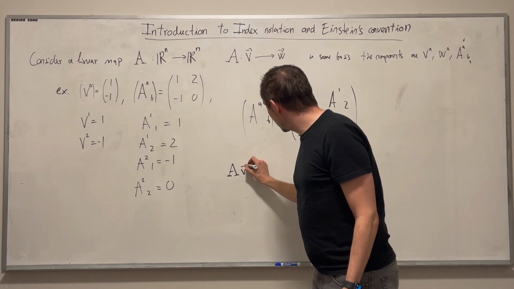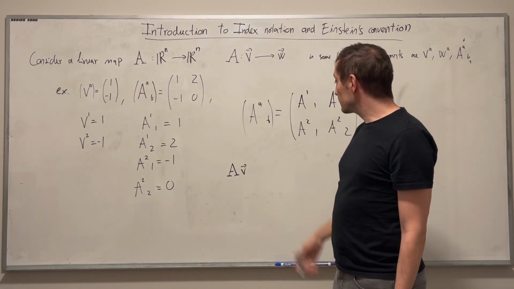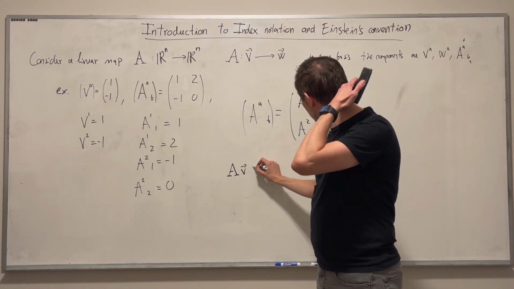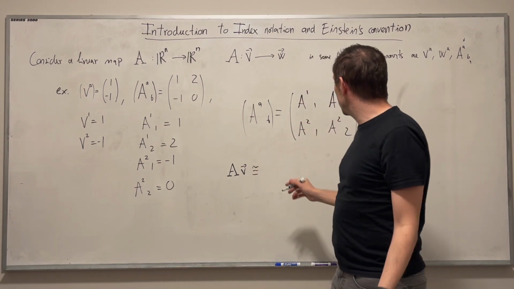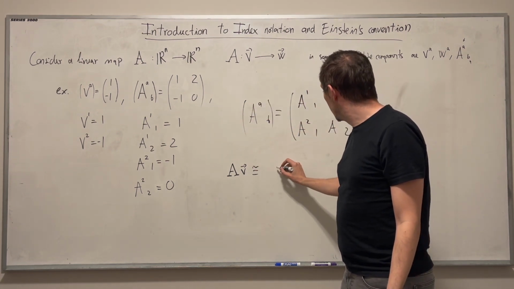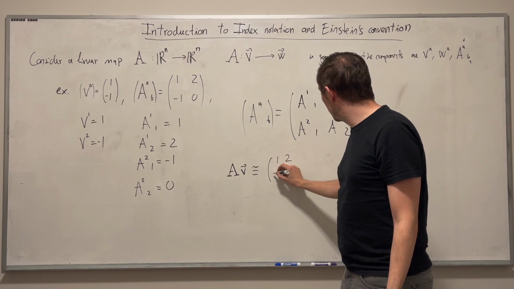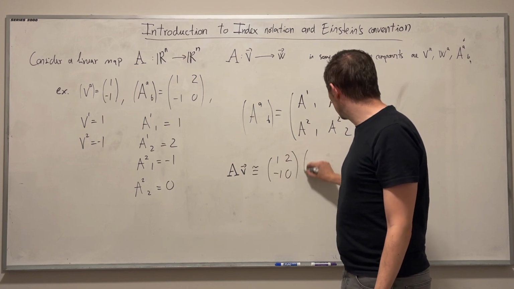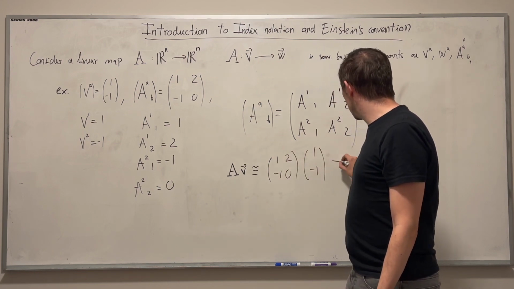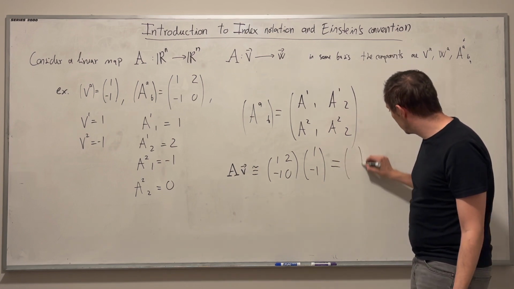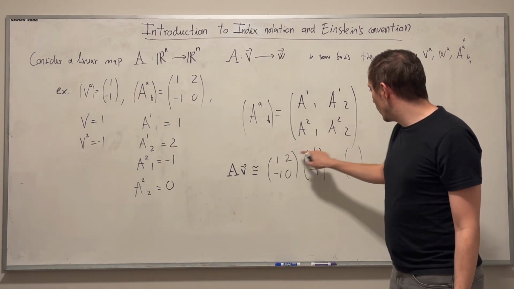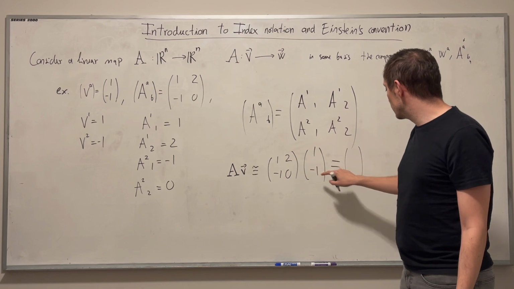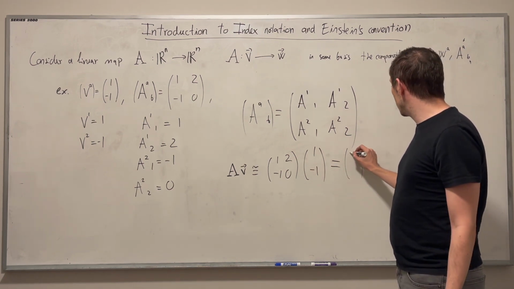Now, A acting on V, of course, I can represent as a matrix with the matrix product, right? So I have, as you know, the matrix 1, 2, minus 1, 0, acting on the vector 1, minus 1. What does that give me? Well, that will give me a column vector, and it will be 1 times 1, 1, 2 times minus 1, minus 2, 1 minus 2, minus 1.